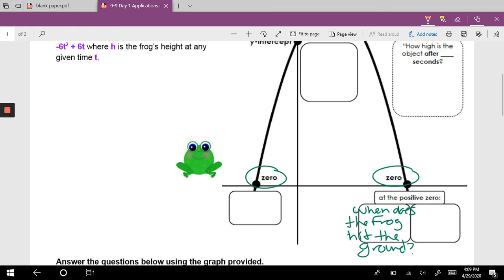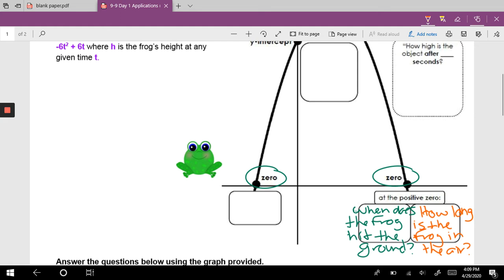Or another way that can be phrased is, how long is the frog in the air? And that can be realistic, right? If a frog jumps, it's got to come back to the ground. Since we live on Earth, it's not going to just float in the air forever.